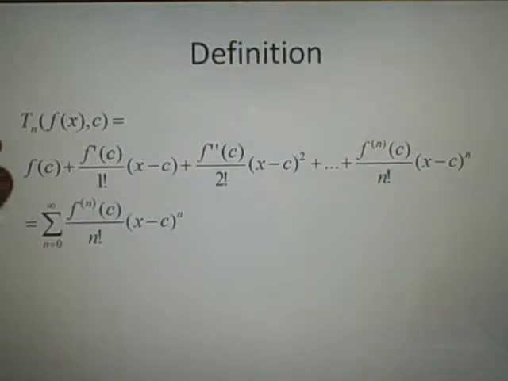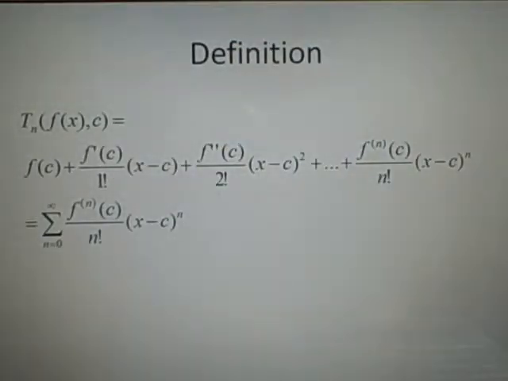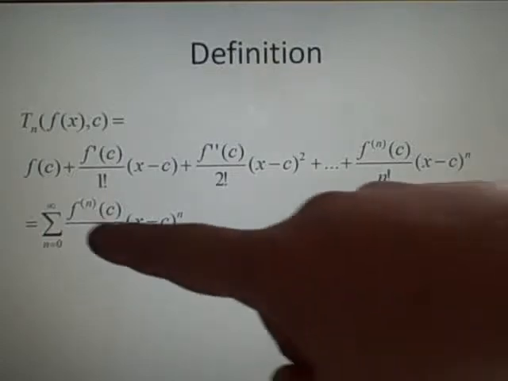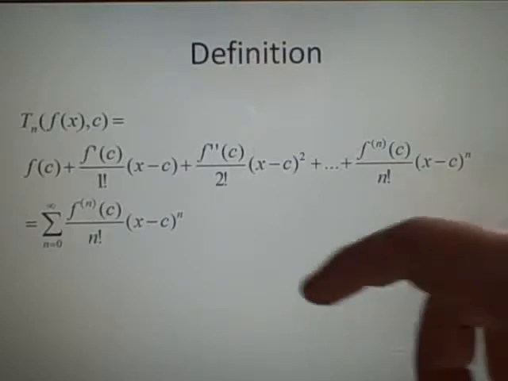When you see something like this, which is a T standing for Taylor series, the n at the bottom is the number of powers of x you want to get to. f of x is your function, and c is the value at which you want it all to be evaluated. This is how you find the Taylor series of a single variable.